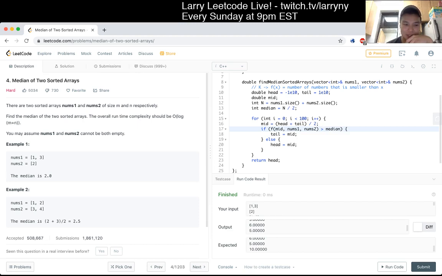So it wants the first number on the second half. So maybe we could do it twice: once looking for the median number and once looking for the median minus 1 number. Is that cool? It should be okay.